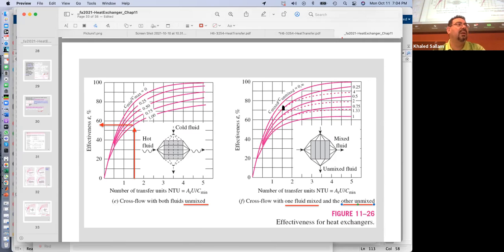When one of them has a phase change. When one of them has a phase change, then we reach this one. So the question is, which one of them is actually doing this? He's saying the C mixed over C unmixed is either 0 or infinity.